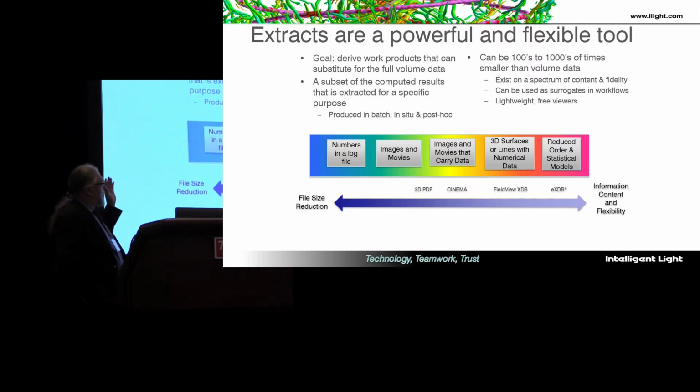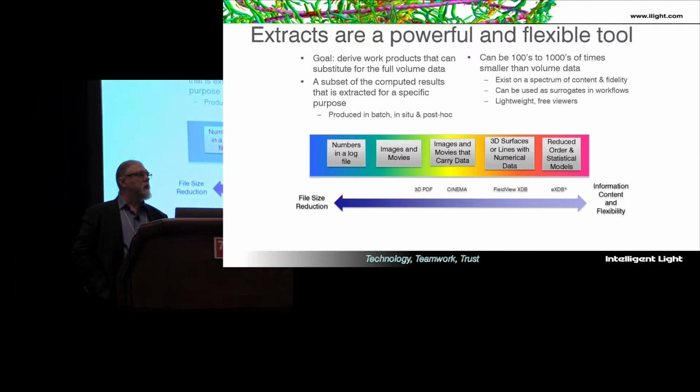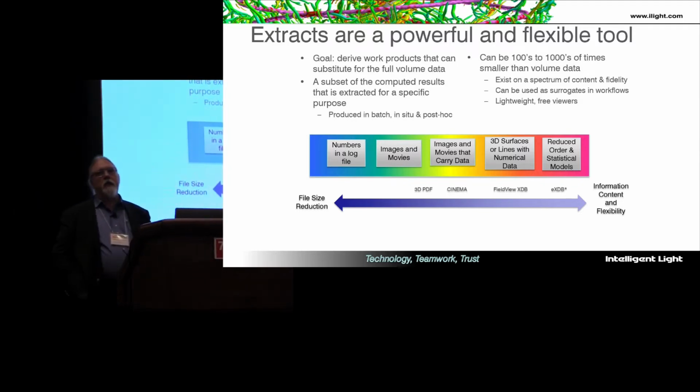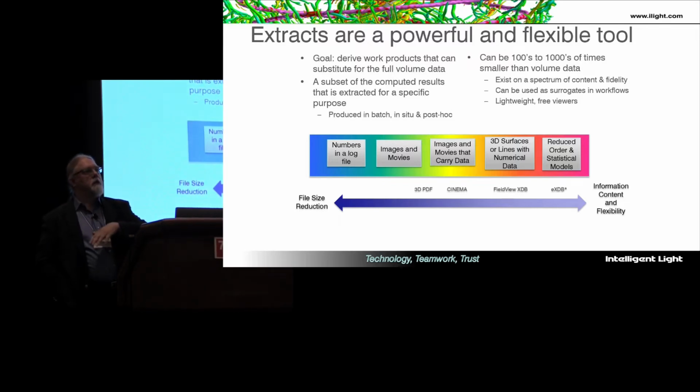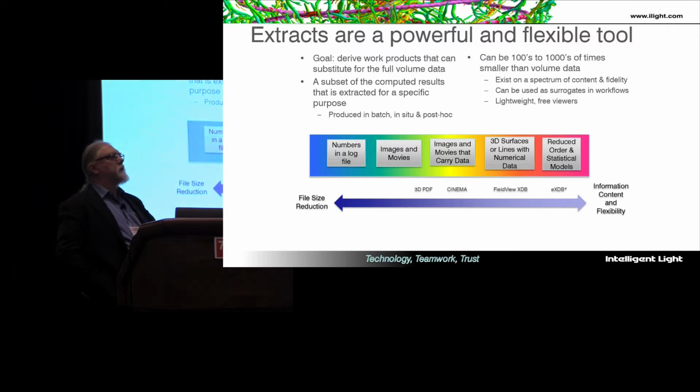Most people generate images and movies, but these extracts, these 3D surfaces with numerical data, allow you to do a lot more, and those are the things that we save and archive for data analytics. It allows us to store a lot more of it, and because it's full numerical precision, there's nothing less than having the full problem. Essentially, we've reduced the 3D CFD problem to a topologically 2D problem, which makes it more tractable for matrix methods and neural networks and things like that.